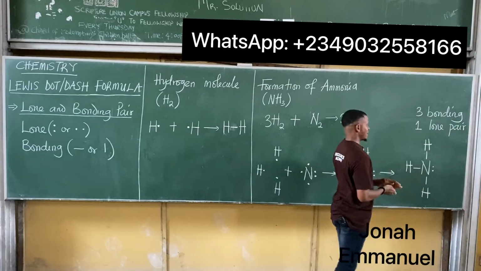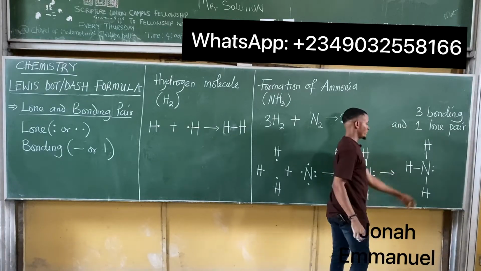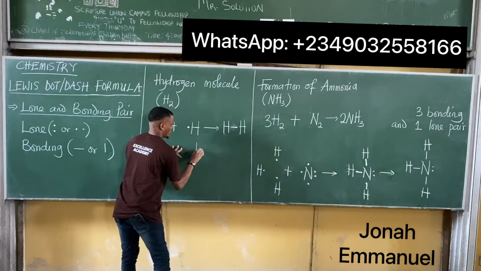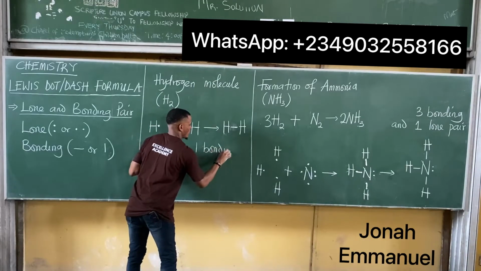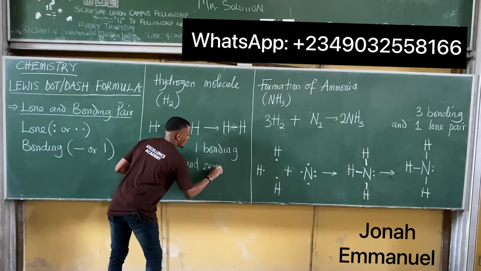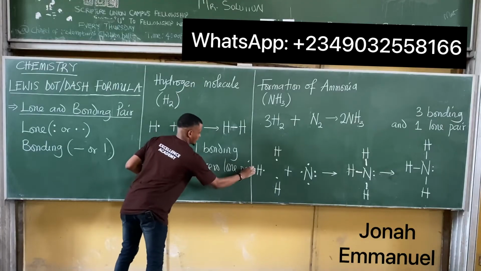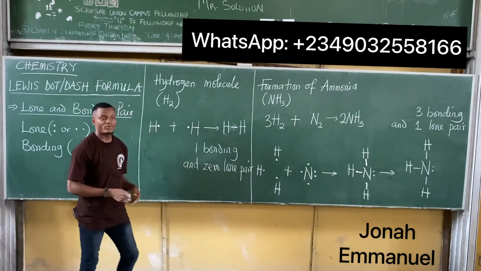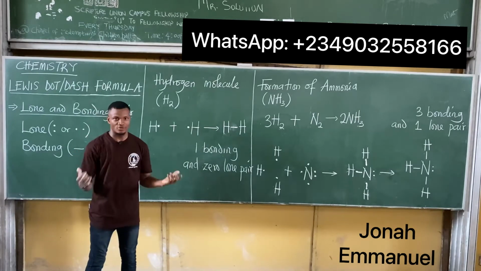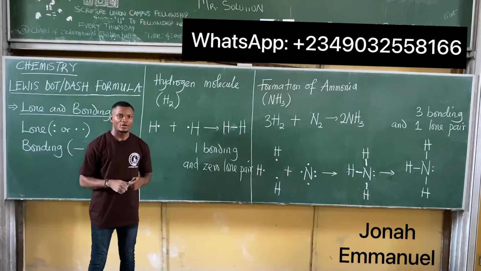Please note that ammonia has 3 bonding and 1 lone pair, while the hydrogen molecule has 1 bonding pair and 0 lone pairs. Alright, so this is a simple idea of how we write the Lewis dot and dash structures or formulas of different molecules and compounds.